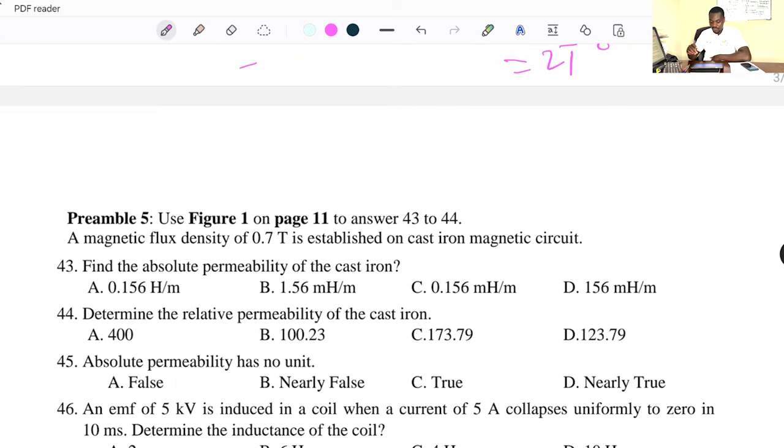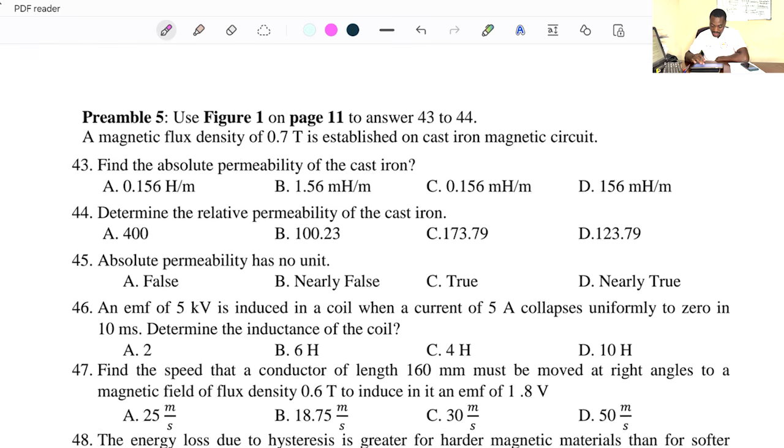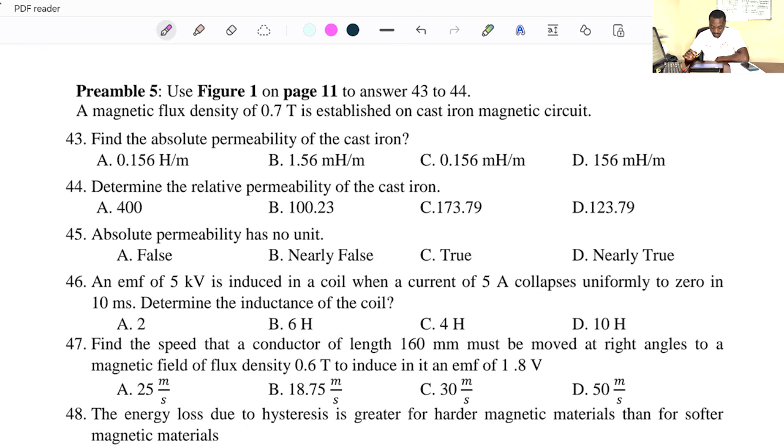Moving on to question 43. For questions 43 and 44, we are using the figure, Figure 1, which is on page 11. A magnetic flux density of 0.7 Tesla is established on a cast iron magnetic circuit. We are using this problem 5 to answer questions 43 and 44. Now, we are to find the absolute permeability of the cast iron.